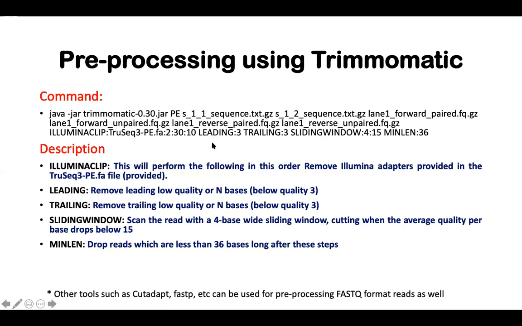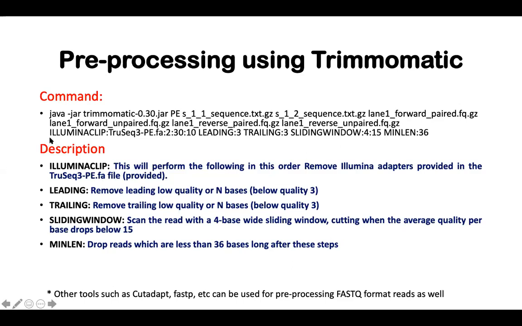And then, for instance, let's say there is an overrepresented sequence, an Illumina primer sequence which is actually observed in your data. You need to use the option called Illumina clip, which will help you perform the following. It will help you remove the adapter provided.